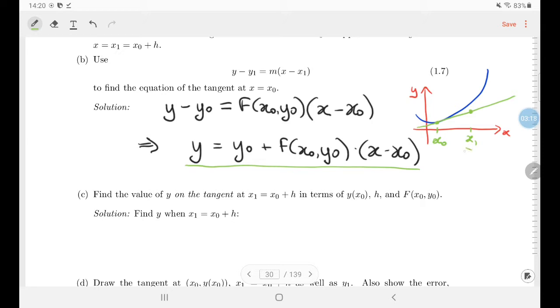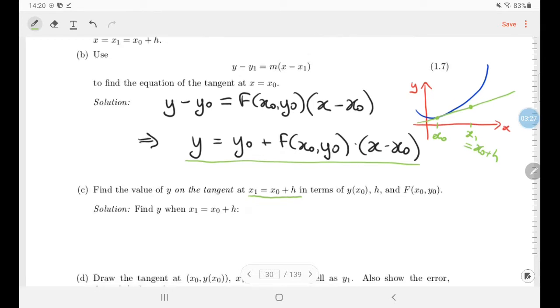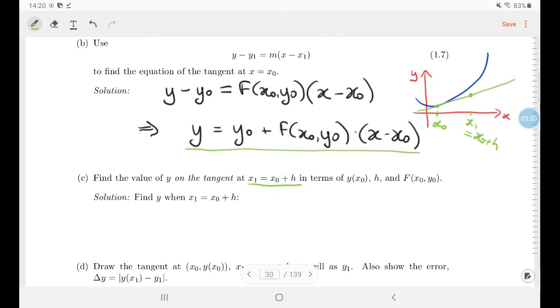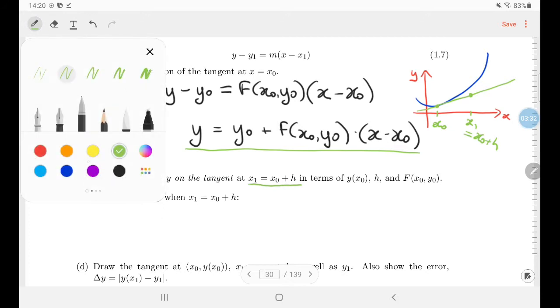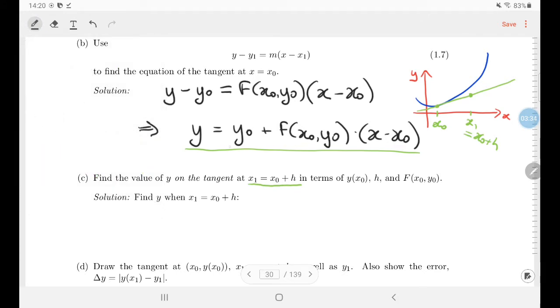Now x1, it says in the question as well, is equal to x0 plus h. So I'm not going to actually substitute in x1, I'm going to substitute in x0 plus h into this equation of the tangent line. So we get y is equal to y0 plus big F of x0, y0, the slope at x0, and now for x, I'm going to put in x1, which is x0 plus h.